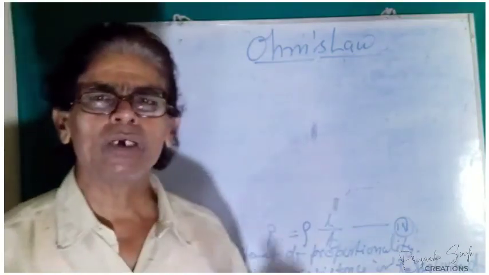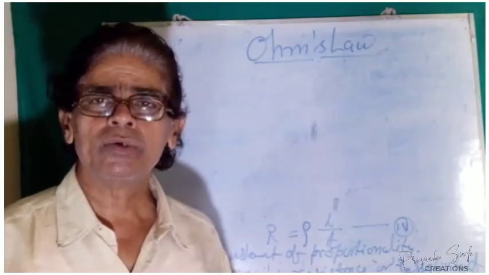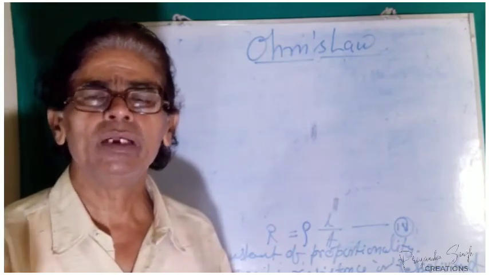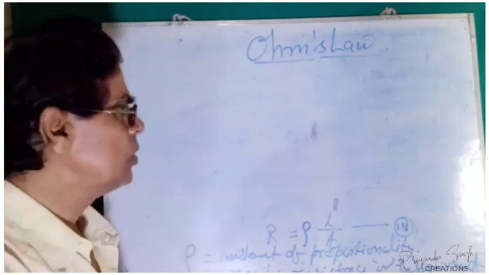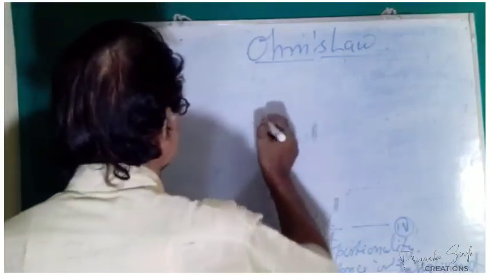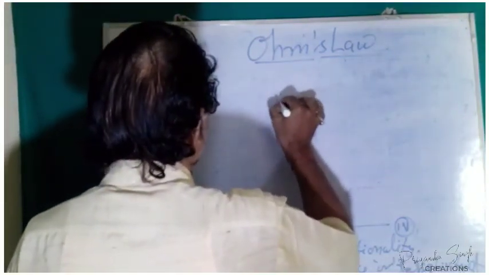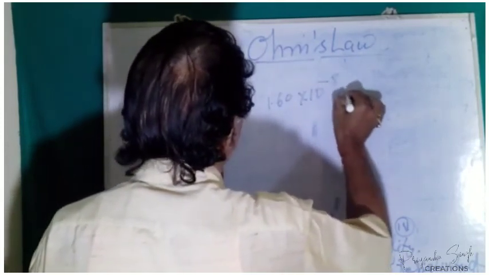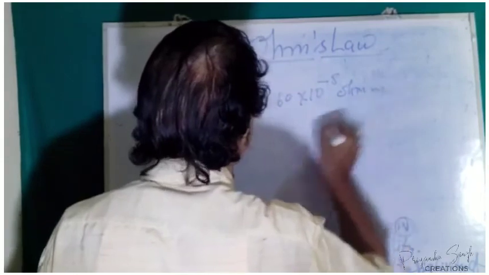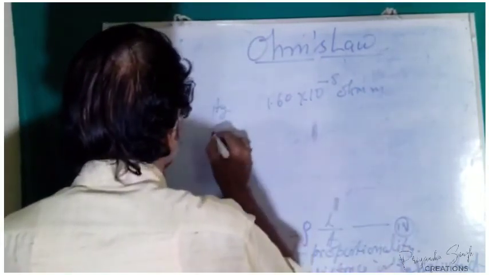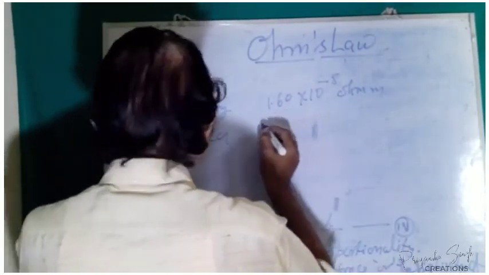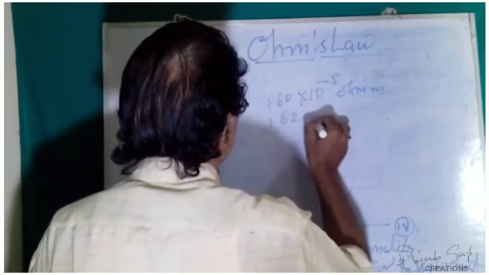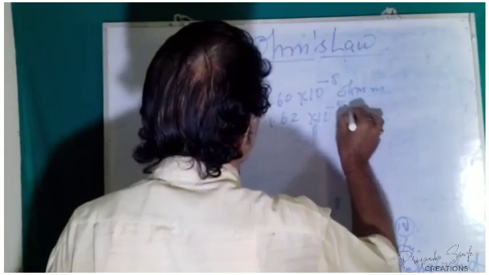We know that among the different materials, the resistivity of silver is very less. That is, resistivity of silver is 1.60 into 10 to the power minus 8 ohm meter, and that of copper is 1.62 into 10 to the power minus 8 ohm meter.